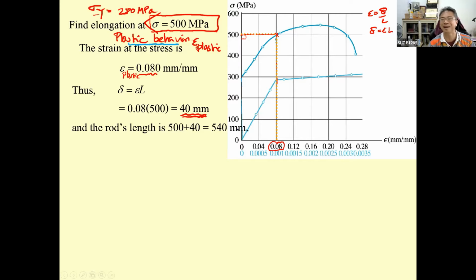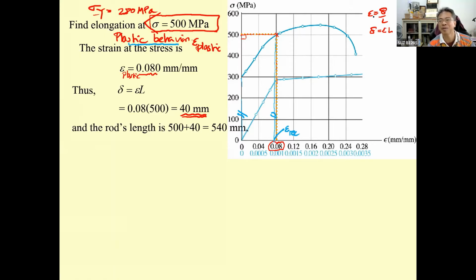The return portion is very small, and you may put this symbol to show that the return part is parallel to the first linear elastic part. This is the strain recovery.